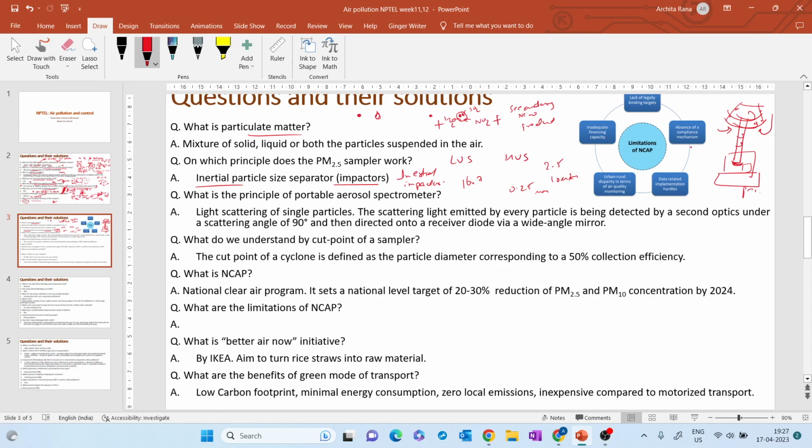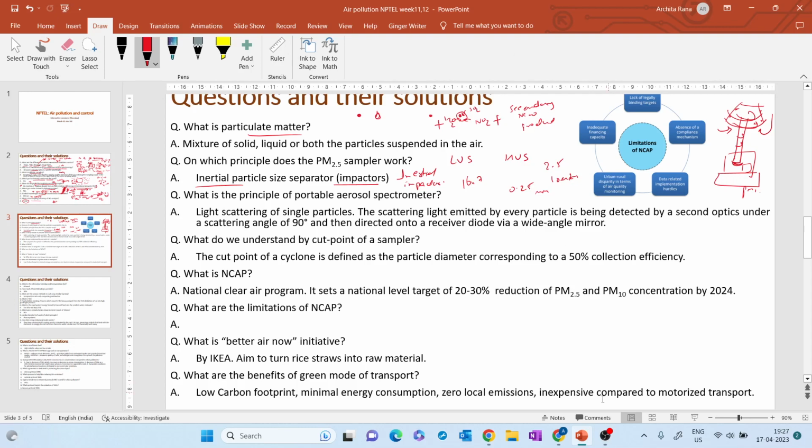this tube. So that is what inertial impaction is: if something is moving and has a lot of inertia, a lot of energy, and it strikes the wall of the container or strikes among themselves, it loses its energy and falls. So all the PM 2.5 samplers actually work on this principle: they suck the air, the air moves in circular motion, and it has inertia.